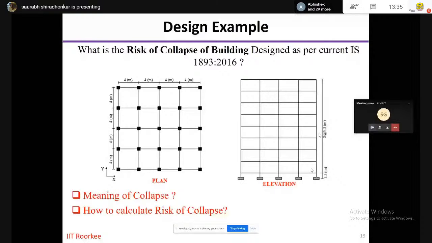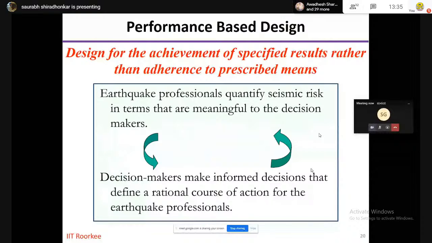So to quantify this philosophy, first level performance based design comes into the picture, where the risk is expressed in terms of the variables which are useful for decision making, in terms of the seismic losses, and also in terms of understanding the risk of an individual building.